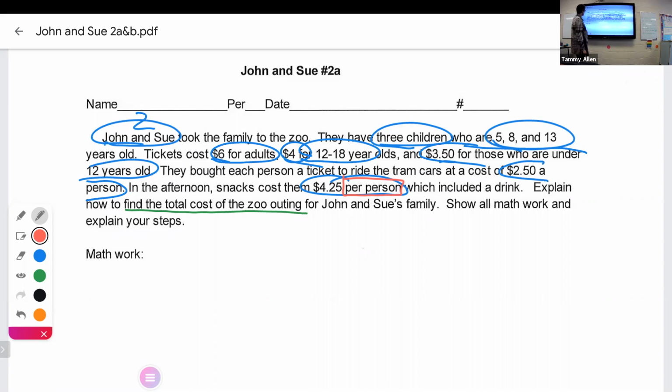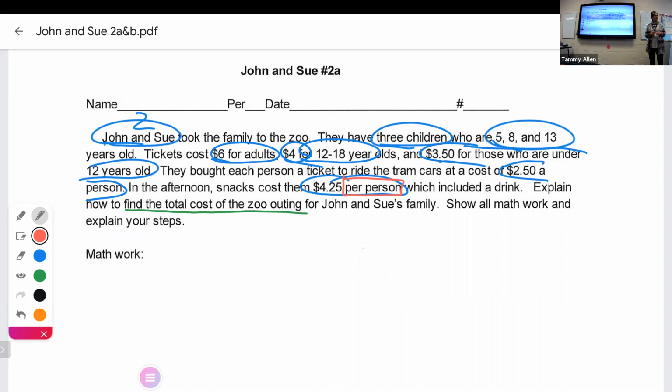Kayla, would you include a drink because $4 per person is a drink? Did it change our cost? No, not really. That's kind of like additional information, like, oh good, I get a drink. So we wouldn't have to box that.